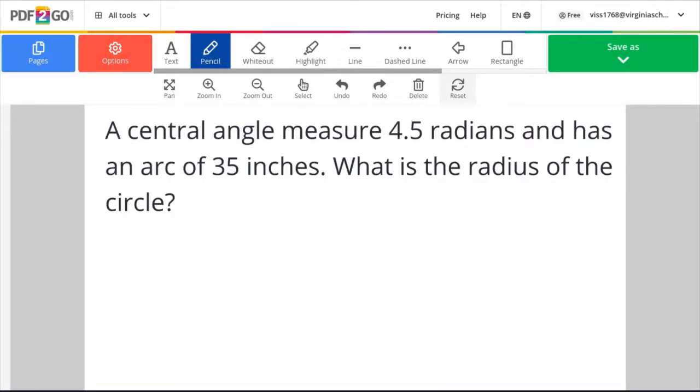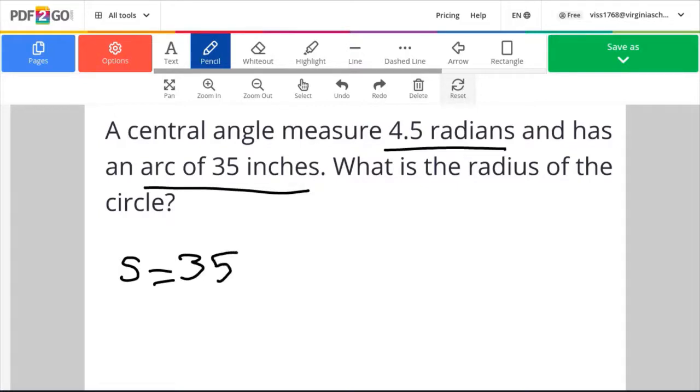A central angle measures 4.5 radians and has an arc of 35 inches. What is the radius of the circle? So what's given to us here is 4.5 radians and the arc length, which is 35 inches. So we start by writing them here: the arc length equals 35 inches, and the radians equal 4.5. And what's required here is the radius.